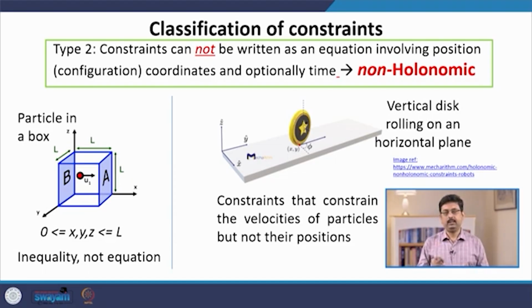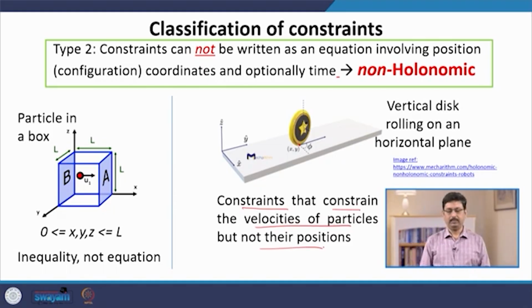But this is a condition on the velocities, not on the position. It does not matter where the wheel is; it is a condition on the velocity of the point of contact. So, this is a constraint on the velocities of particles, but not their positions.